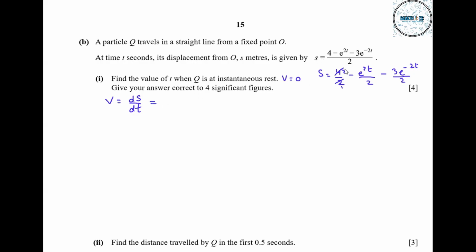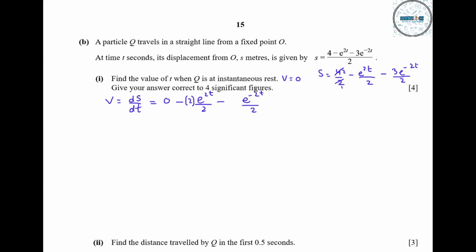So when we differentiate this, it will become 0. When we differentiate e power 2t upon 2, e power 2t will remain as it is, and when this is differentiated, we will get 2. So we will write it over here. Minus e power minus 2t will be written as it is.